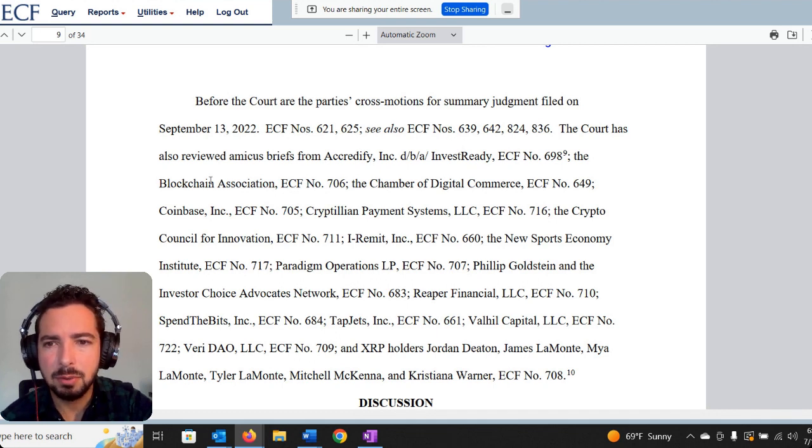The court has also reviewed amicus briefs from Accredify Inc., DBA Invest Ready. That's DBA stands for Doing Business As.